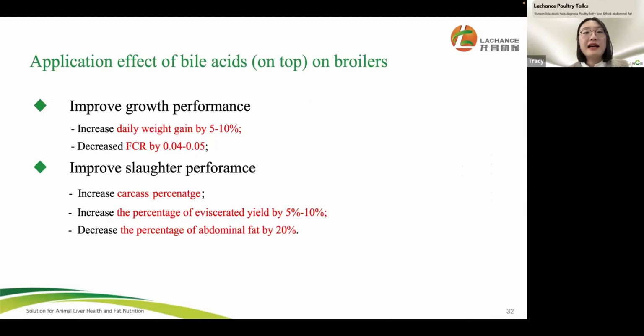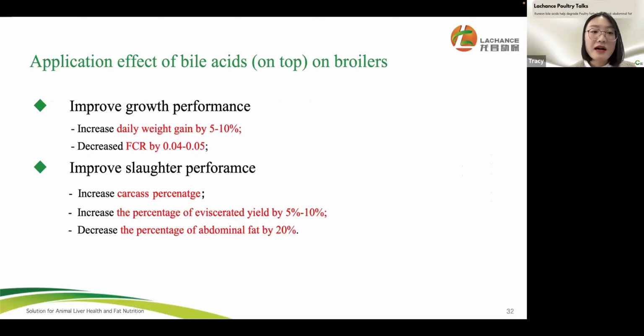So here I would like to emphasize the application effect of bile acids on broilers. Bile acids can help to improve growth performance of broilers, such as increase daily weight gain by 5 to 10%, and also help to decrease FCR by 0.04 to 0.05.